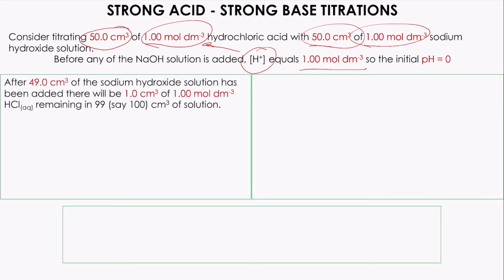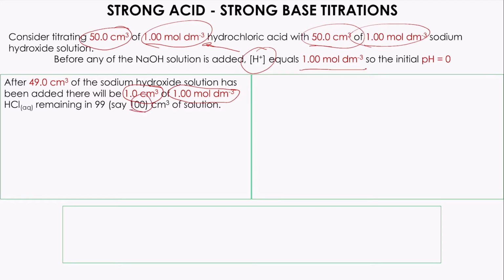What if we add 49 cubic centimeter? After the addition of 49 cubic centimeter of sodium hydroxide, there will be only 1 cubic centimeter of this concentration, which is 1 mole per cubic decimeter HCl remaining in 99 cubic centimeter of solution.